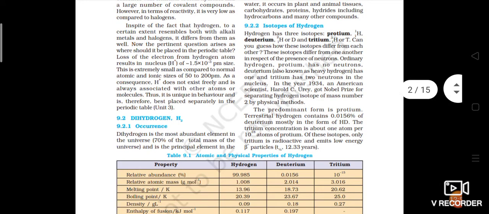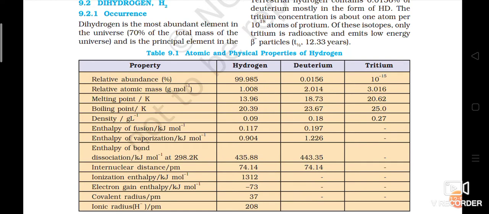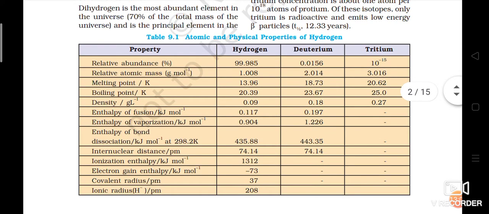Let us move on to this table. This table is very important, that is atomic and physical properties of hydrogen. Properties are given for hydrogen, deuterium and tritium. Relative abundance in percentage is 99.985, or I said 984, right here it is there.